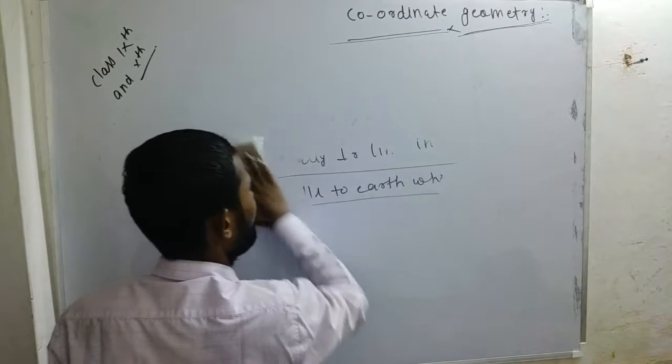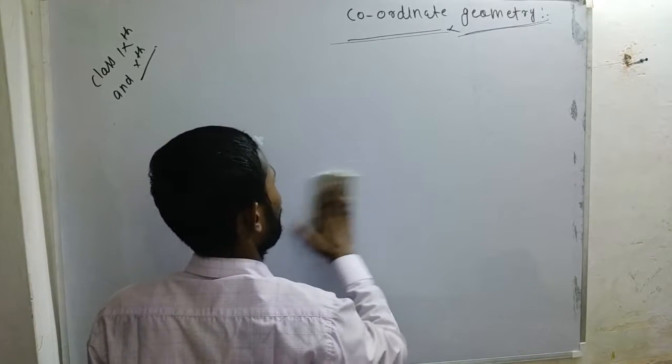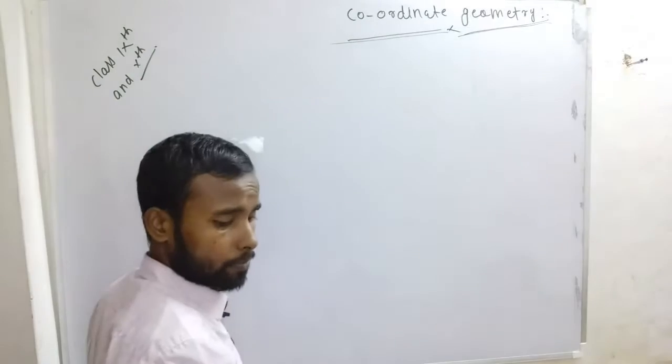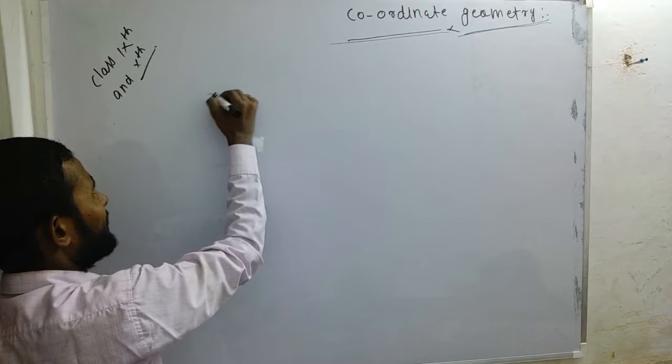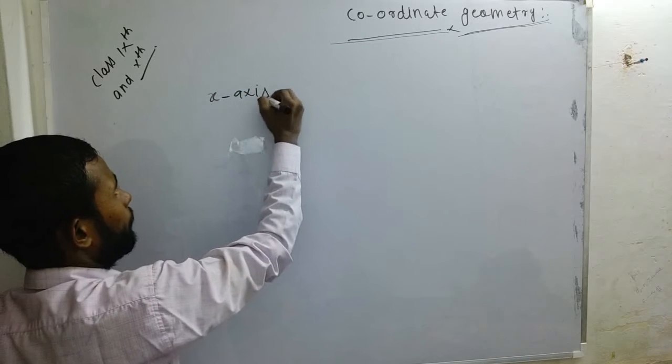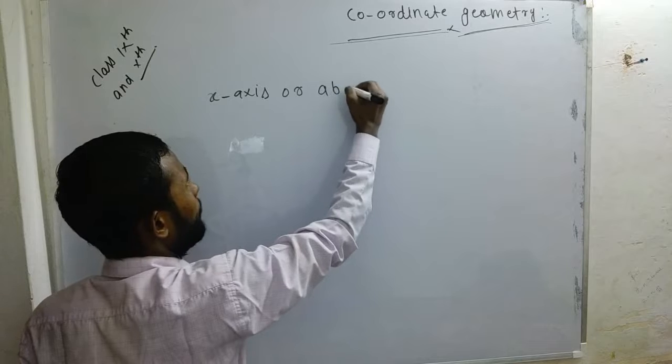Firstly we define x-axis, or it is also known as abscissa.